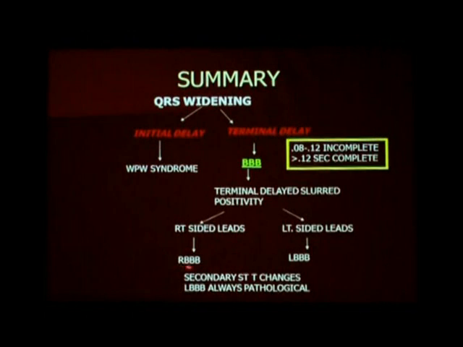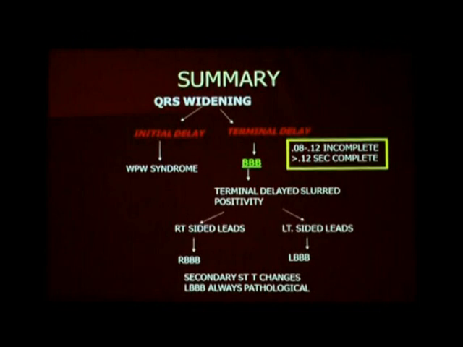Right bundle branch block can happen in 5% of normal individuals. If the QRS is less than 0.12, it is an incomplete bundle branch block. If it is more than 0.12, it is a complete bundle branch block. And of course, always look for secondary ST-T changes. Whenever QRS depolarization is delayed, you expect the T wave to go in the opposite direction.